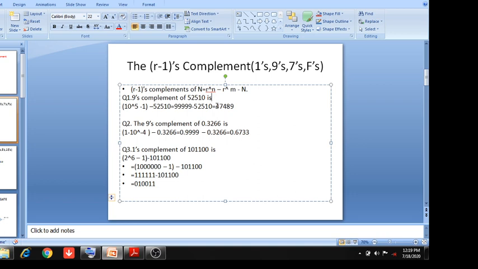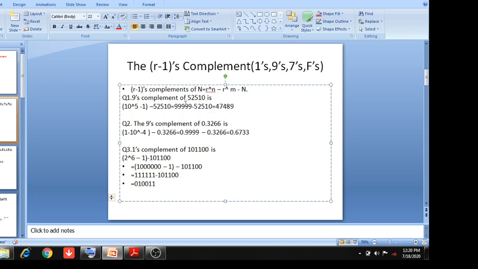So answer is 47489. Till now you have seen how to determine r minus 1's complement or 9's complement. This is the formula for this. You can directly determine. Okay, what you do in previous semester, you just subtract every digit from 9.